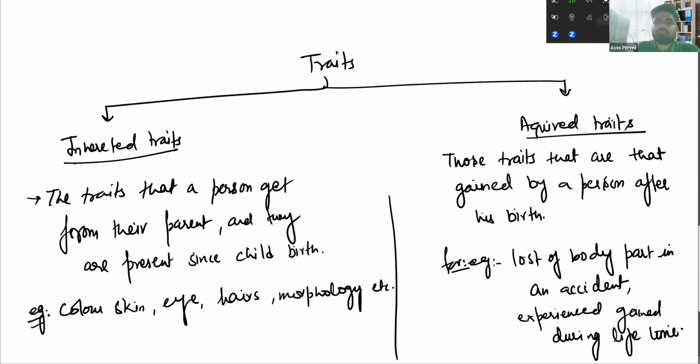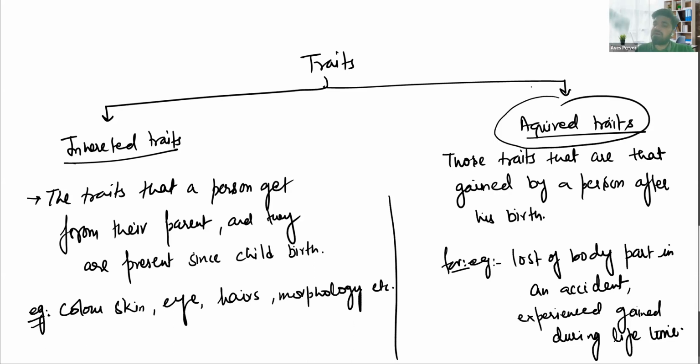Why? Because heredity means transmission of characters from parents to offspring. And since only the inherited traits are transferable from one generation to another, we say that inherited traits are studied. Acquired traits are not transferable from one generation to another.